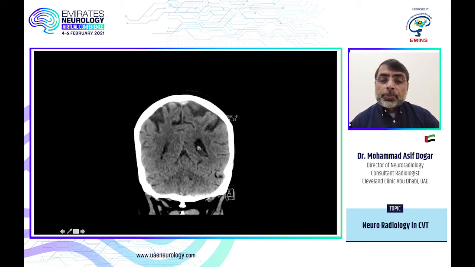This image is key. Whenever I'm evaluating venous sinus thrombosis, I look at this non-contrast coronal image and I compare the density of the transverse sinuses and the superior sagittal sinus. If you look carefully, as compared to the transverse sinuses, the superior sagittal sinus is hyperdense. So that is the best clue that this patient has venous sinus thrombosis.